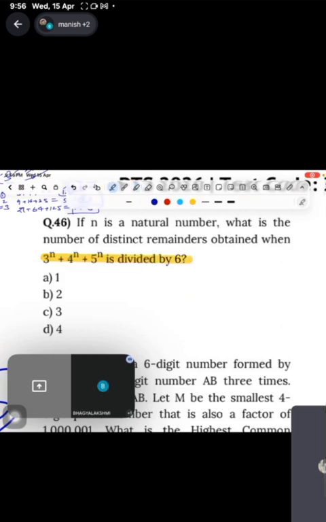So we can take 3 power 1 like this. Would you know that we ought to get the even number? Yes, because 6 multiples are all even. What is the number of distinct remainders obtained?